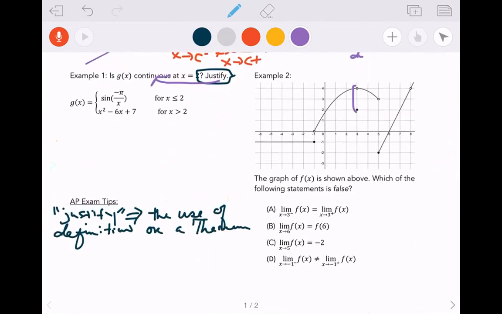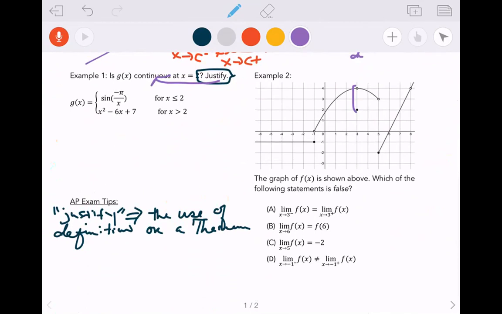It often requires some work and then a singular sentence, but you can't just look at this and say, yep, continuous because -1. You might ask why she is saying -1; you'll see when I do the problem. Justify, you've got to be very clear, explicit, and thorough. So let's take a look.